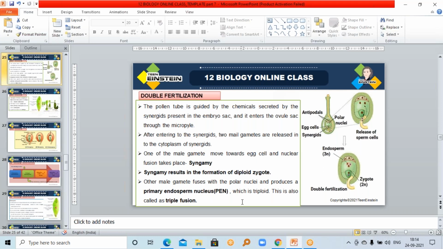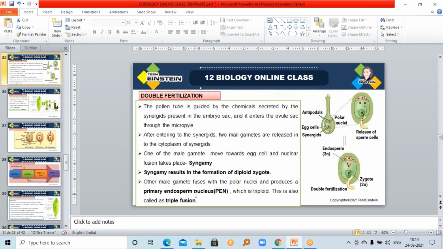Syngamy is called generative fertilization, and here with the secondary nucleus, the other remaining male gamete is getting fused. That is called vegetative fertilization. So the vegetative fertilization or triple fusion forms a triploid primary endosperm nucleus.